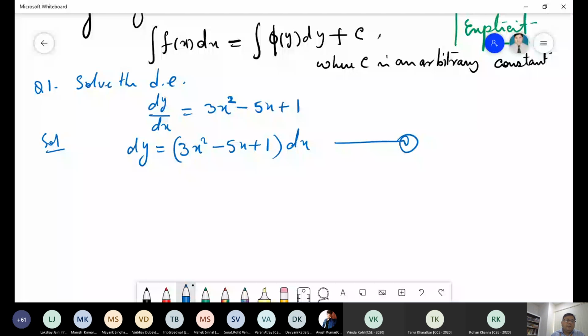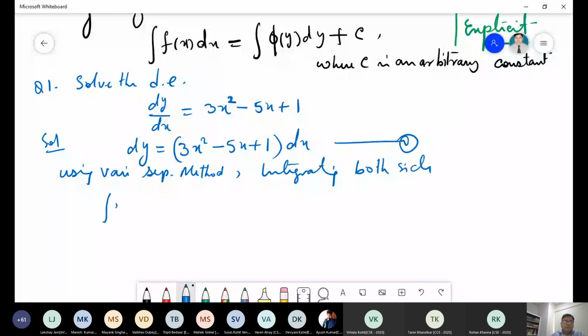Using the variable separable method means we integrate both sides: integration of dy equals integration of 3x squared minus 5x plus 1 into dx.